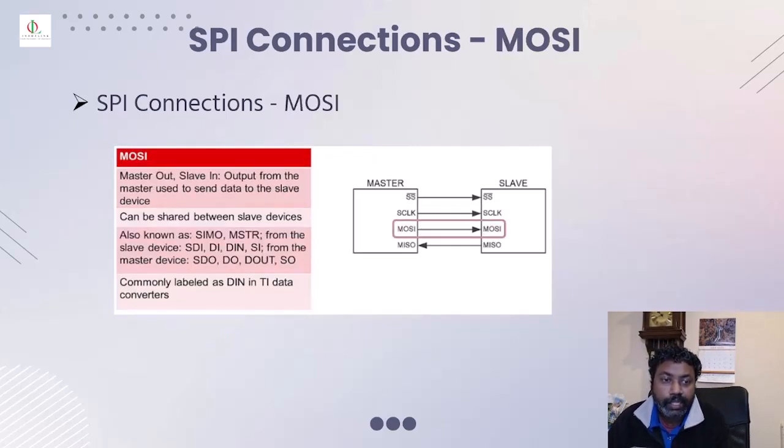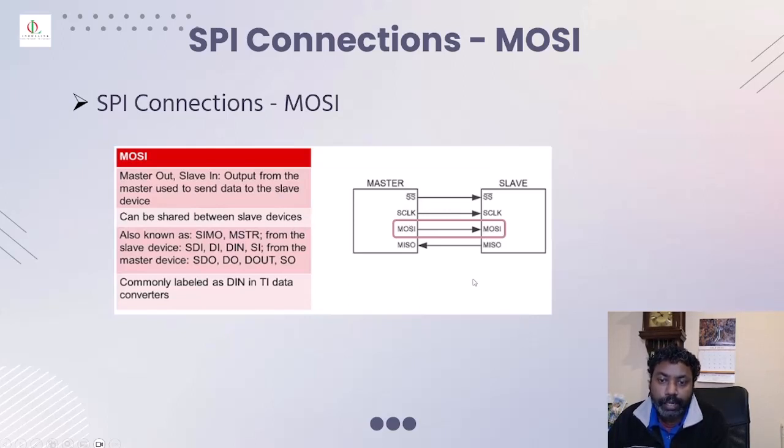Next is the master out slave in pin. What is this? This pin is an output pin, so it sends the output from the master, sends the data to the slave, and connects to the MOSI pin. It can also be connected to various slave devices.